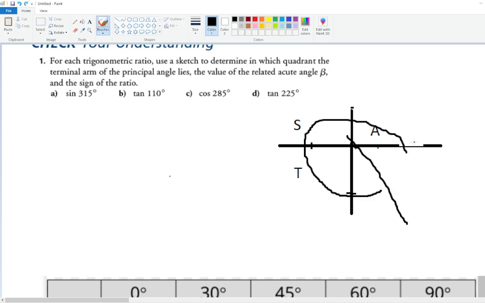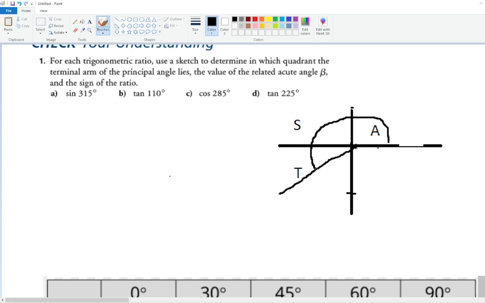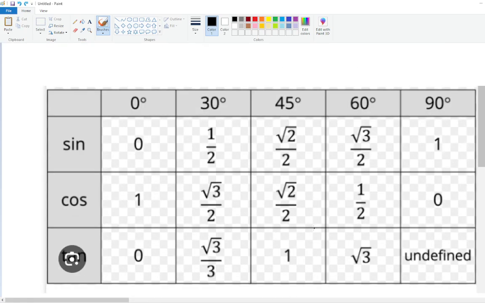And then for tan 225, we go here to 180, 180 to 270, so 225 is here. And if I look at how far past 180 it went, so it's 225 minus 180, it's 45. So we can actually find the exact value of this. Notice they want tan, and in this quadrant, tan is positive. So all we do is we find tan of 45.